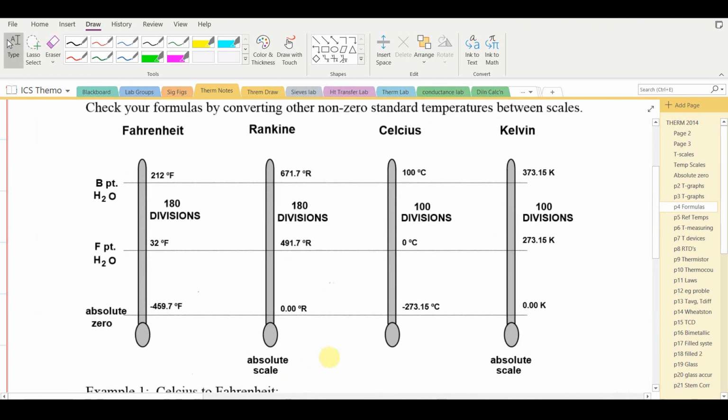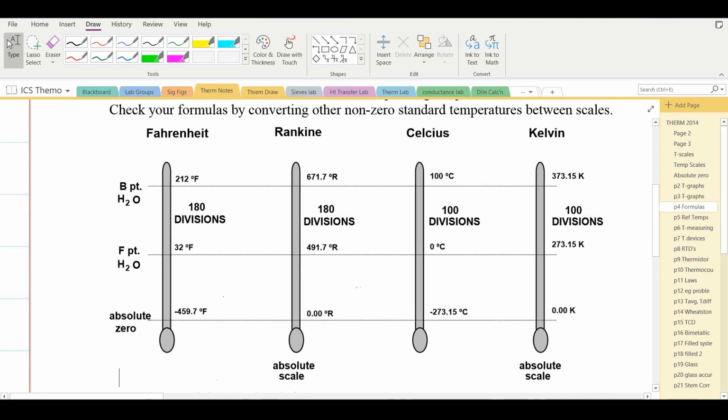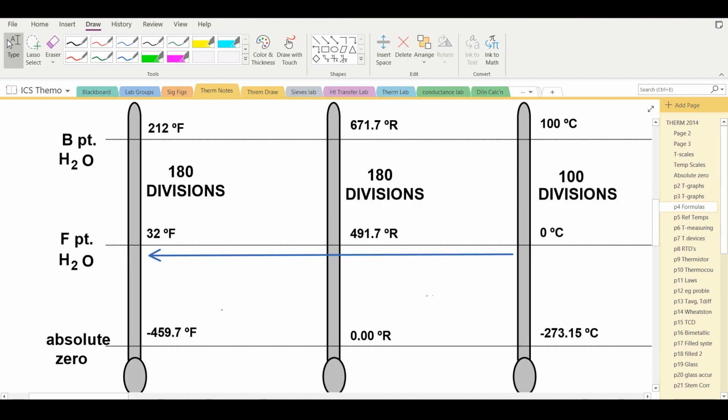So let me illustrate. Let's say to start with we wanted to see how to convert between Celsius and Fahrenheit. So we want to start at Celsius and I want to convert to Fahrenheit. So 0 degrees C. We start at 0 on the initial scale. We're going to multiply or divide by a sensitivity factor.